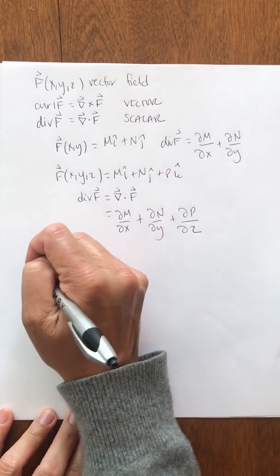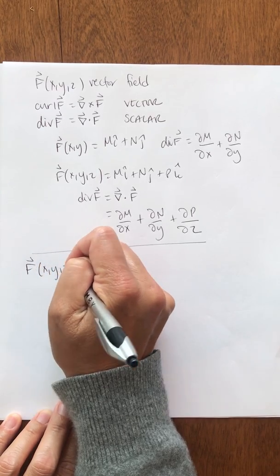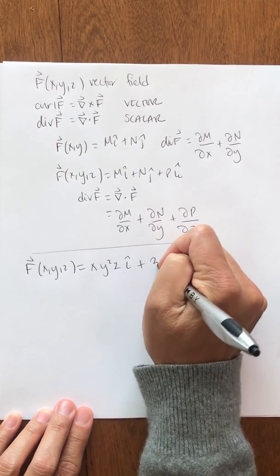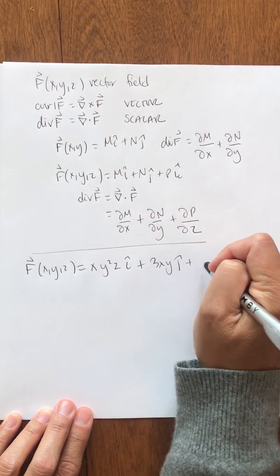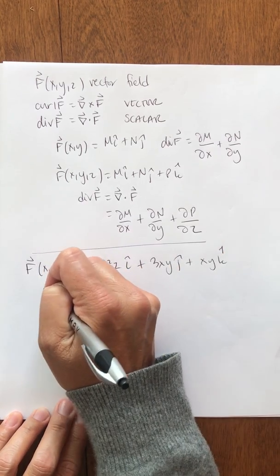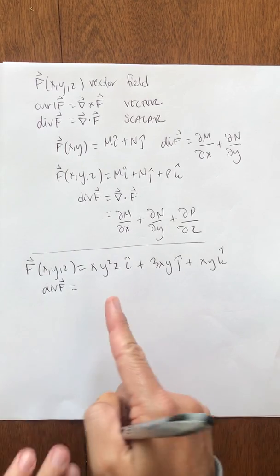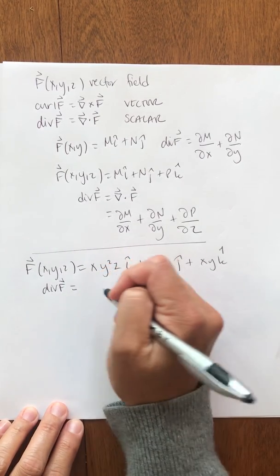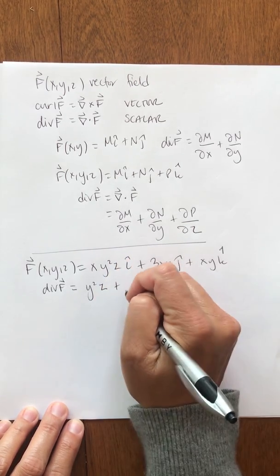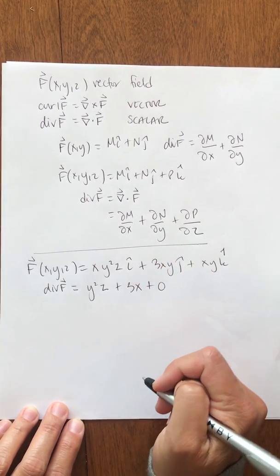So let me give you an example. Let's say that I have a vector field in 3-space: x y squared z i hat plus 3xy j hat plus xy k hat. I want to find div F as a function. Again, I take my partial with respect to x, so I get y squared z, plus my derivative with respect to y, 3x, plus my derivative with respect to z, which is 0.